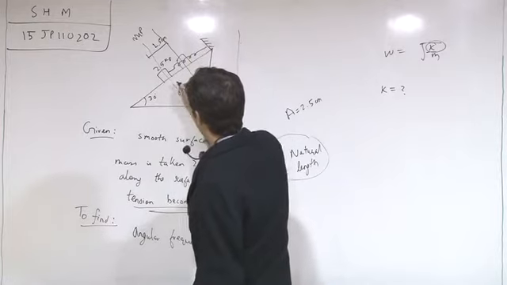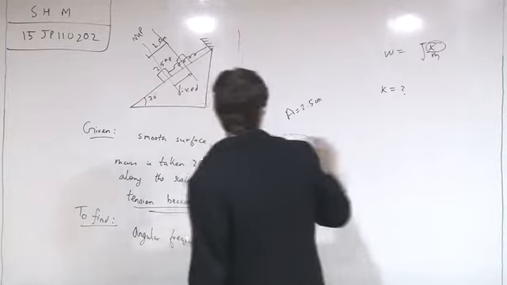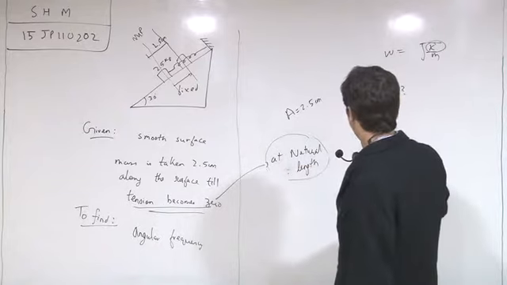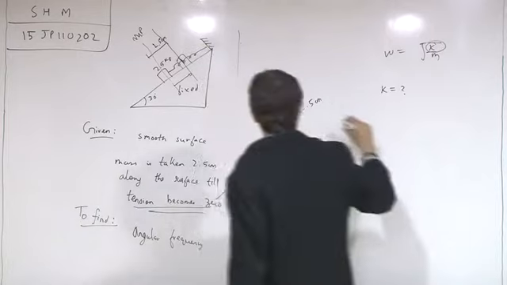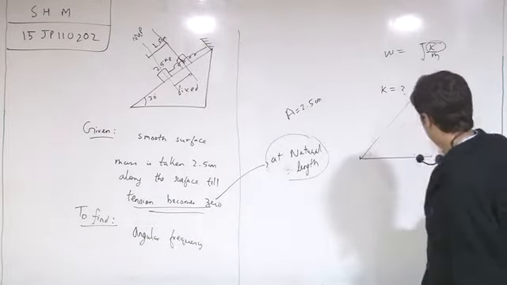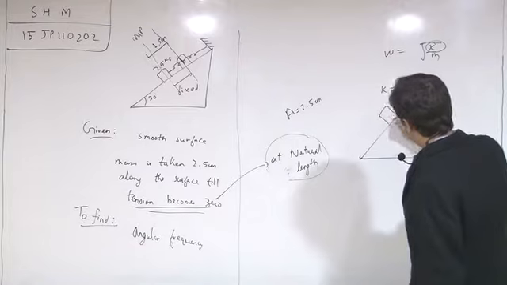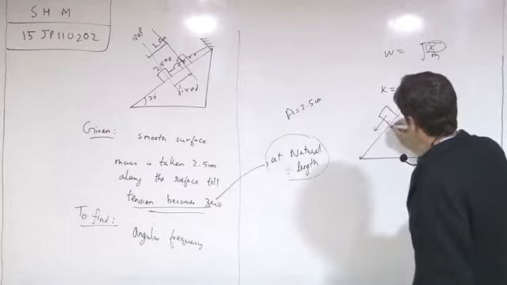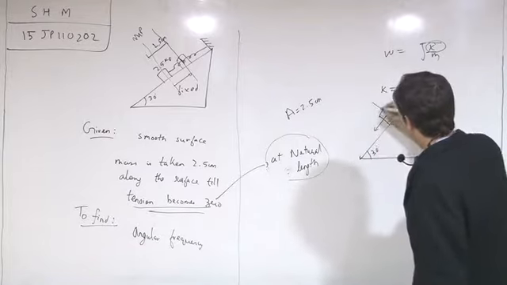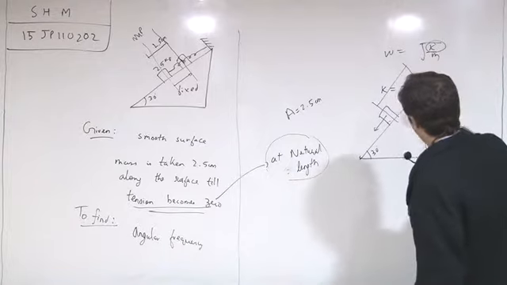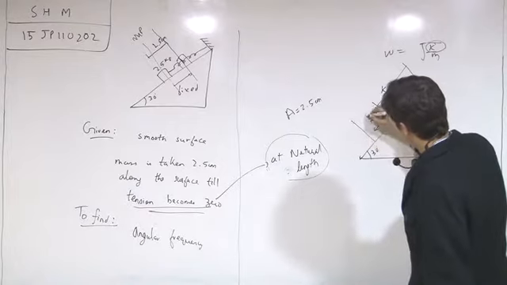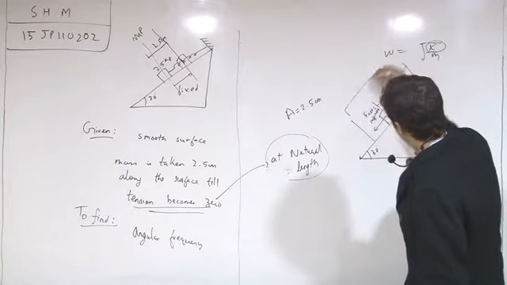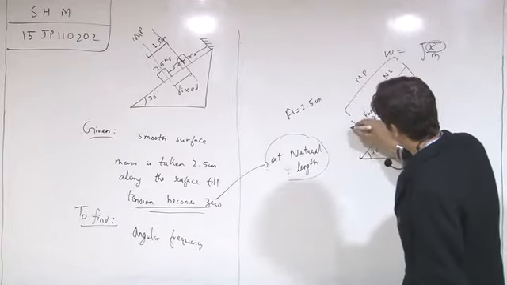If we take the block from here to here, suppose at this point the net force which was acting, let me draw the figure again, and if I have to find the force net at 30 degree here at natural length, it was mg sin theta, and at the mean position F net, which was mg sin theta at natural length, would become F net equal to 0.